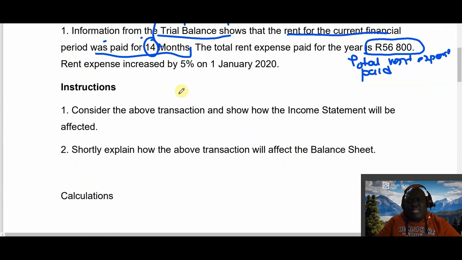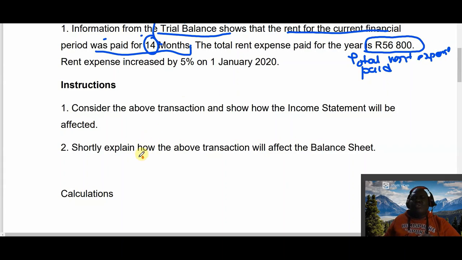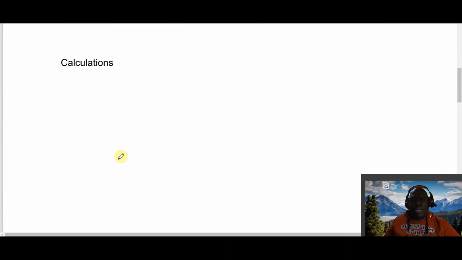So now let's go into the information and get what we need to do. They're saying that the rent expense paid for the year is 56,800. So we have the total rent paid. Okay, and then they say the rent expense increased by 5% on 1 January 2020. So the best way to deal with this transaction will be to draw our financial period. So I'm going to quickly write our financial period here.